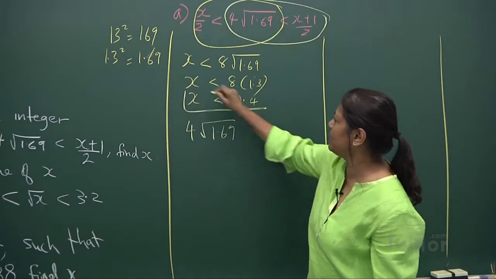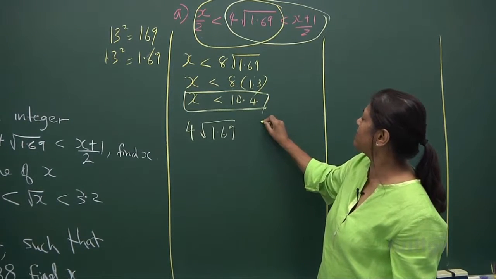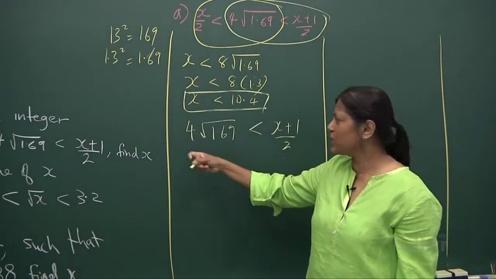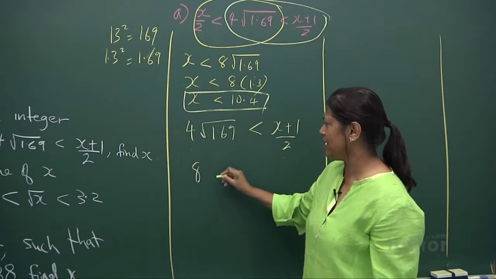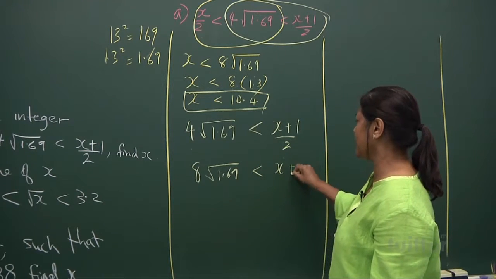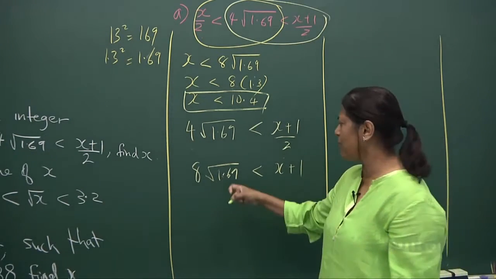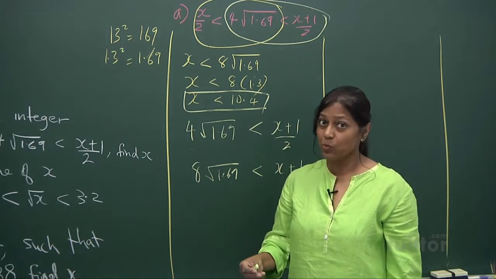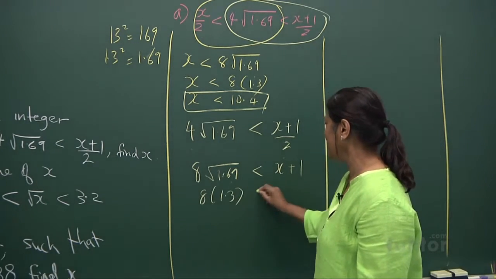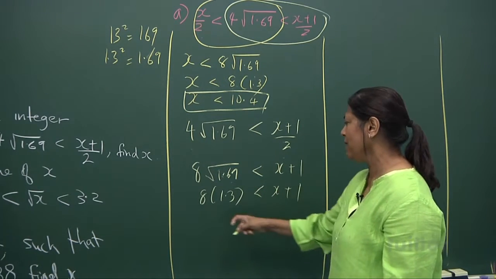I'm going to keep this here, and that's smaller than x plus 1 over 2. Bring your 2 up. You've got an 8, and that's 1.69. It's smaller than x plus 1. The square root of this number is 1.3, right? 8 times 1.3 is smaller than x plus 1.